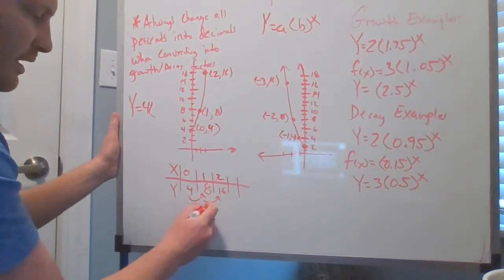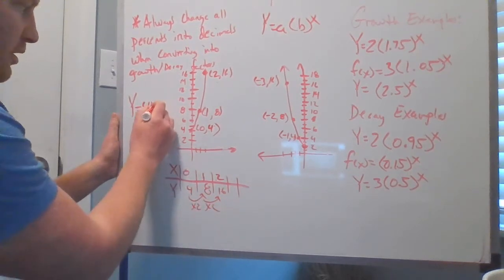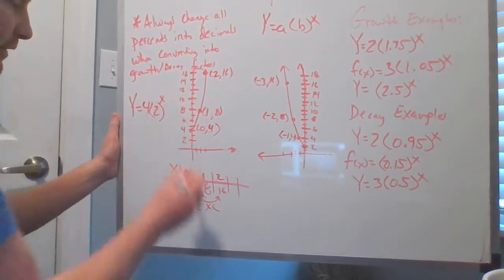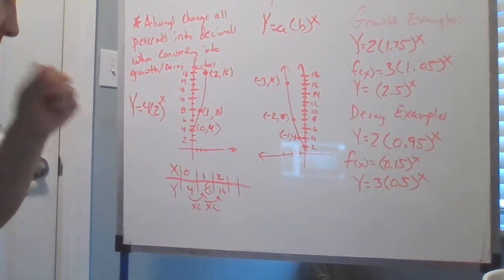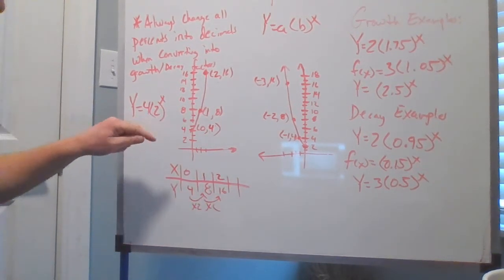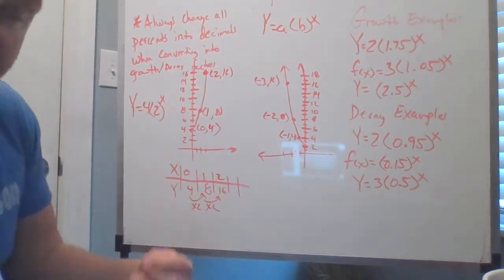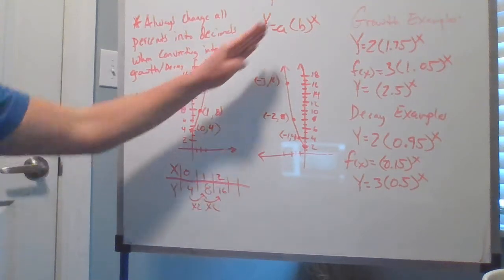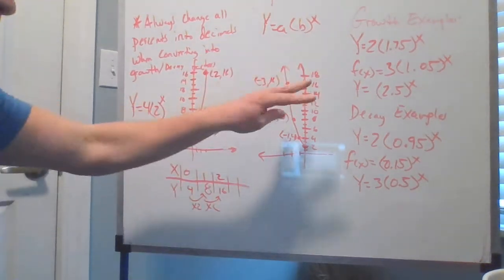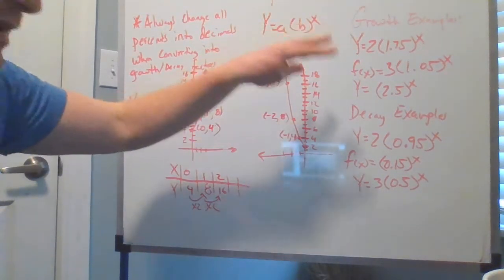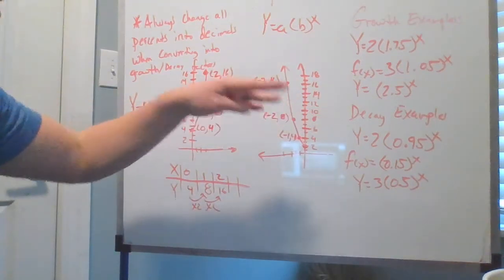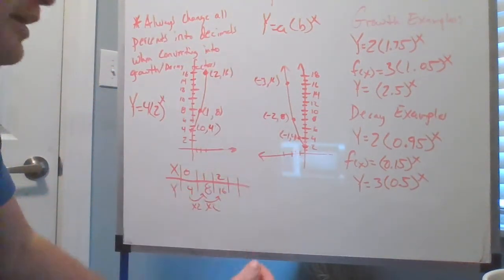It's multiplying by 2. So my 2 goes right here to the power of x. That's how it's constantly changing, okay? And this is represented as a growth factor because it goes up and to the right. Just like a positive linear equation, lines go up and to the right, okay? Now, there's no negative factors, all right? There's also decay factors, and decay factors are numbers that are between 0 and 1, all right?